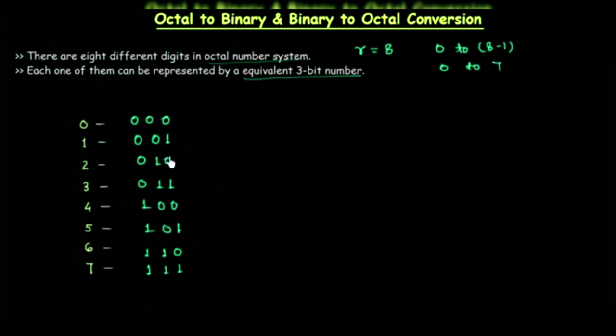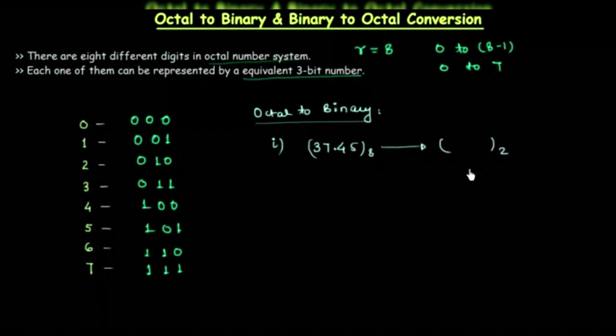This will be more clear when we solve one example. First we will see octal to binary conversion. The octal number is 37.45. This is in octal, and we want the binary equivalent of this number. From this table we can write 3 as 0 1 1. 7 we can write 1 1 1.